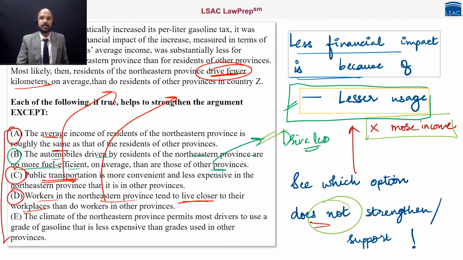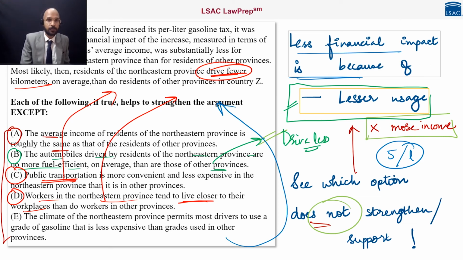So maybe these guys have petrol that's only 5 rupees per liter, and so they can be driving more and yet saving money, which means that this does not support this argument, and therefore E is the answer. I hope you were able to follow and understand what we just did here.